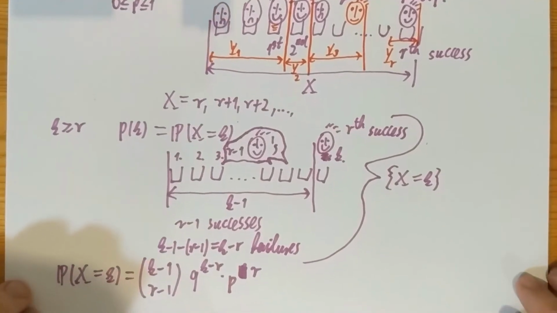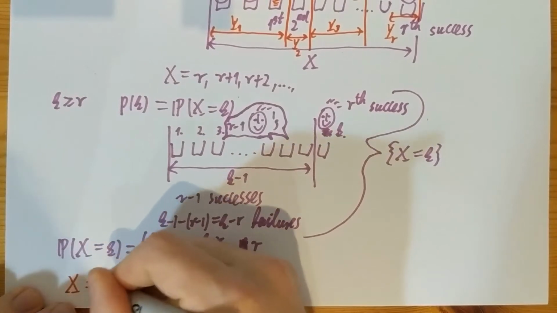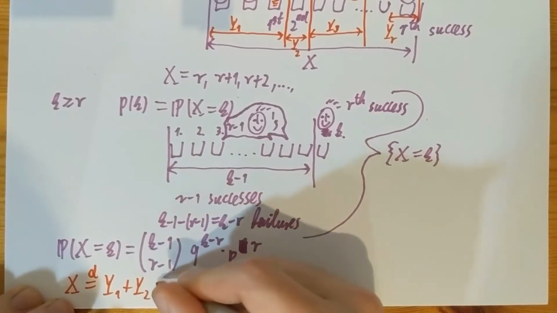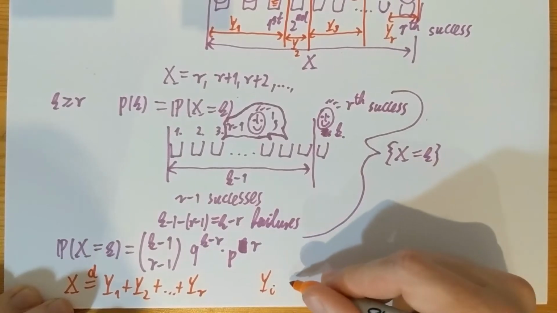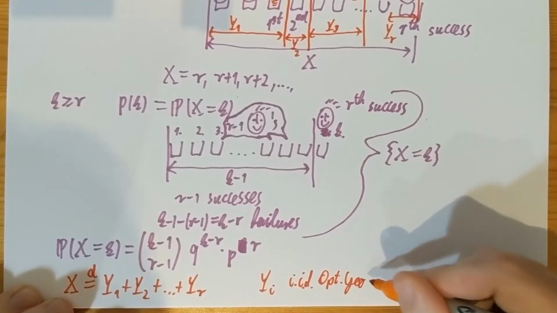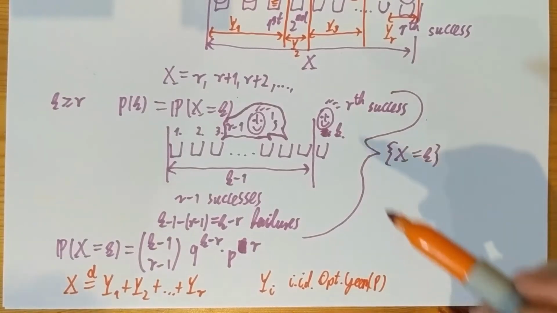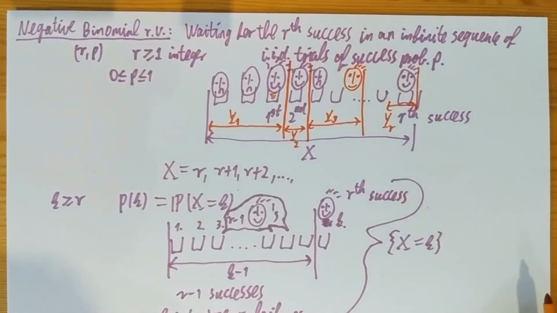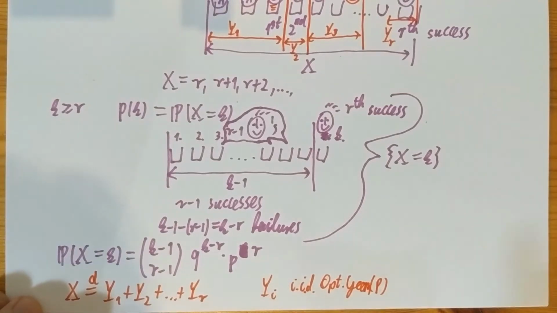So a very important point to notice here is that x has the same distribution as the sum of r independent optimistic geometrics. So the yi's are IID optimistic geometrics of parameter p, which is the same as the parameter of my negative binomial random variable, because this is the success probability. Okay, and r is the other parameter of my negative binomial.